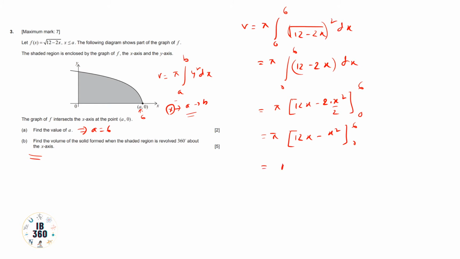So the value is pi times 72 minus 36, which equals 36 pi. So the answer, the volume of the solid formed when the shaded region is revolved 360 degrees about the x-axis, will be 36 pi.